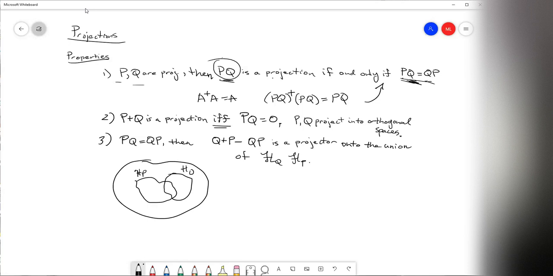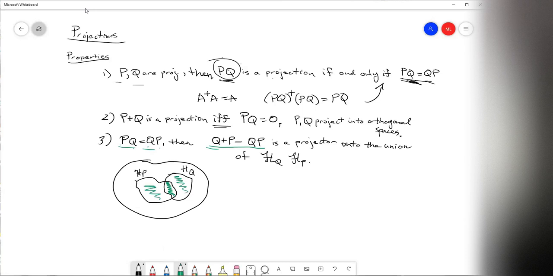This is the set of vectors that Q projects into. All these different properties tell you different things about the subspaces that you can project into and what you can do as a combination. So for instance, provided that these two commute, as in PQ is equal to QP, this operator right here would project you into the union, this whole space right here.